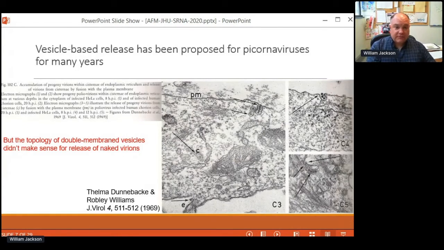If you look at the upper right, it really looks like the result of an event where a vesicle fused with the plasma membrane and released 3 virions. But the problem is that we were seeing double membrane vesicles, and that topology doesn't make sense. If a double membrane vesicle fuses with the plasma membrane, you'd expect to have a single membrane structure released from that cell that would contain multiple virions in it, and we just didn't have any evidence for this happening.